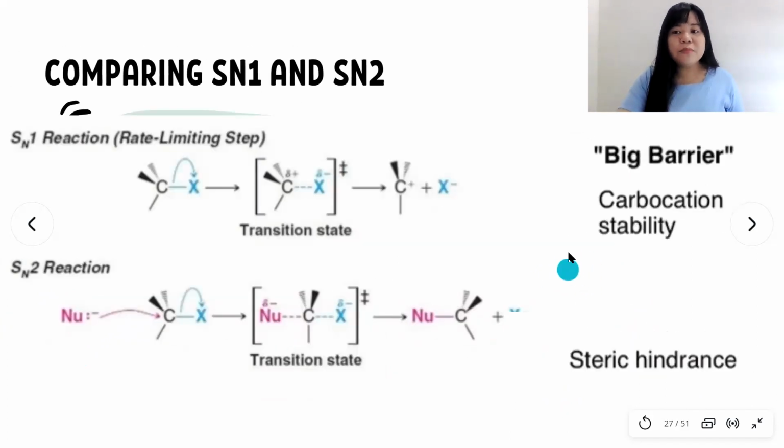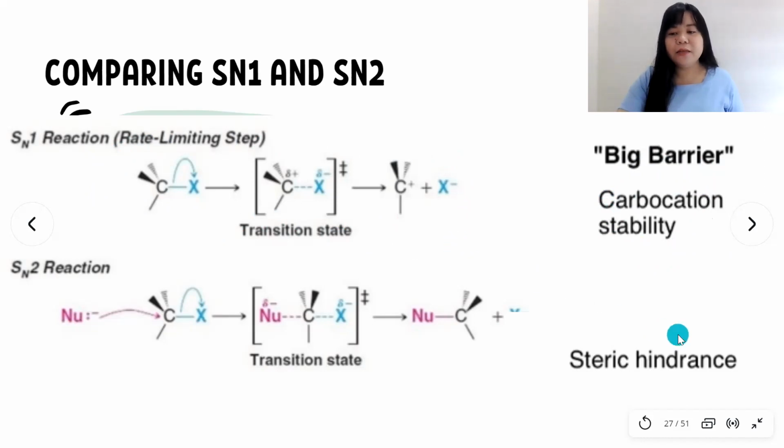Next, in terms of the big barrier, that means the greatest concern of the reaction. So for SN1, we're mostly concerned with carbocation stability. The more stable the carbocation, the faster the rate determining step happens.